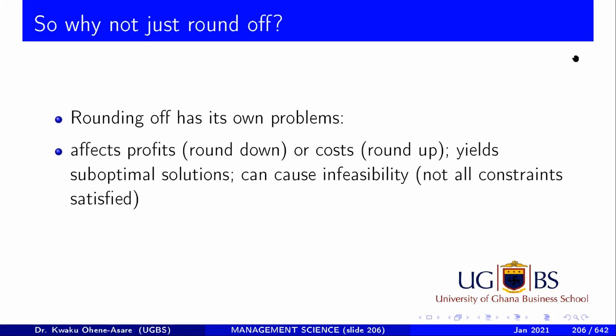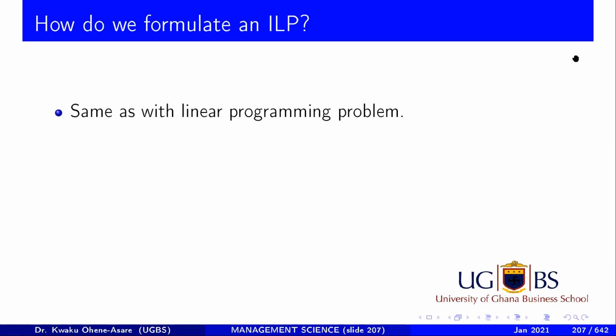Let's say you round off 20.83 up to 21. But what you didn't know is that 20.83 is 20 billion 830 million. So by rounding it up, you've made a big mistake by taking a huge amount which shouldn't be taken. So we need an integer optimal solution.